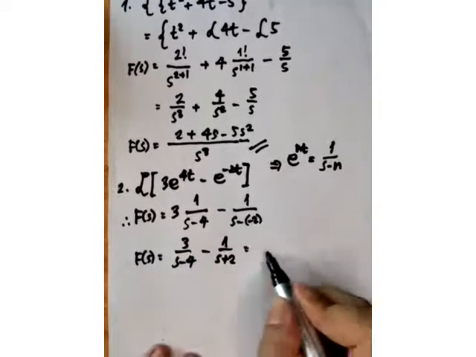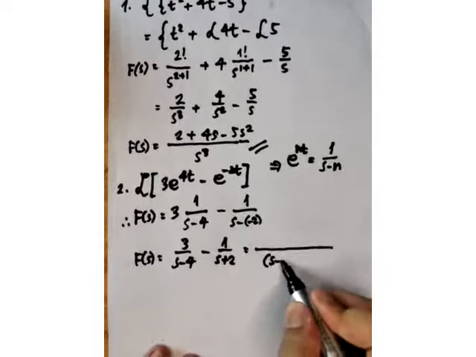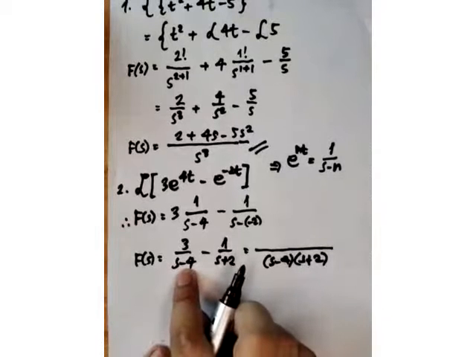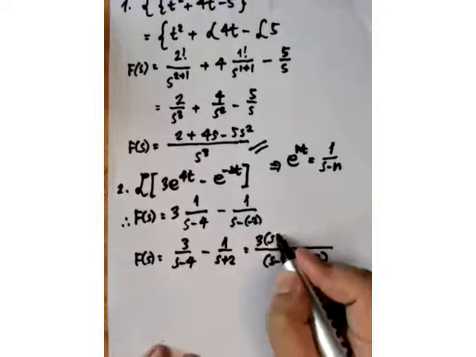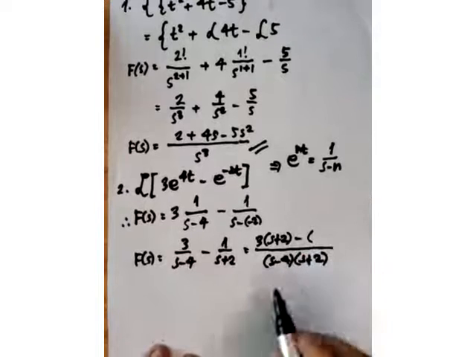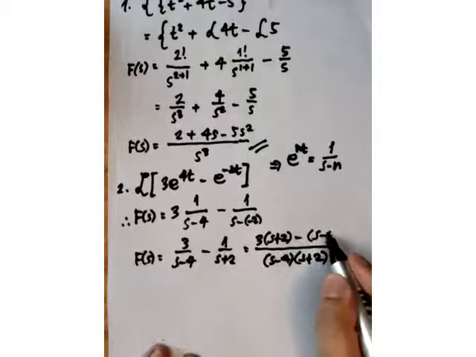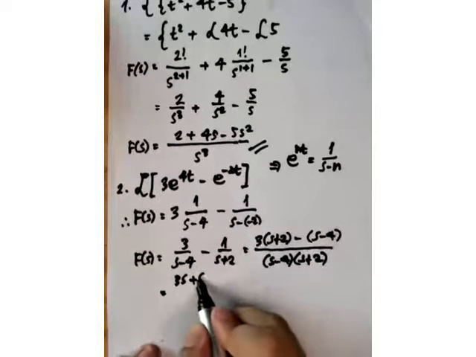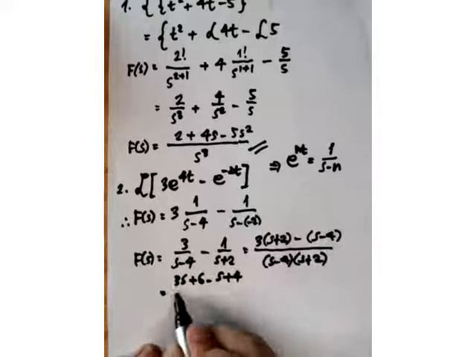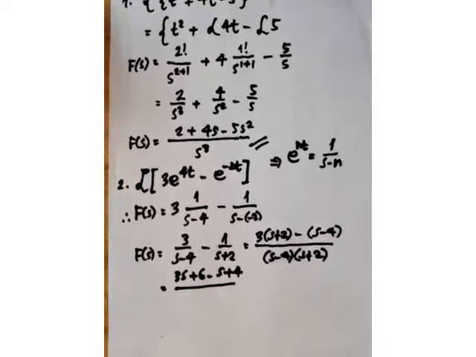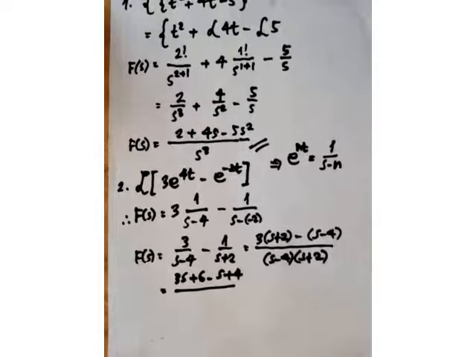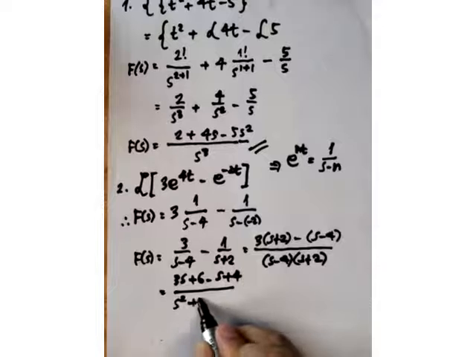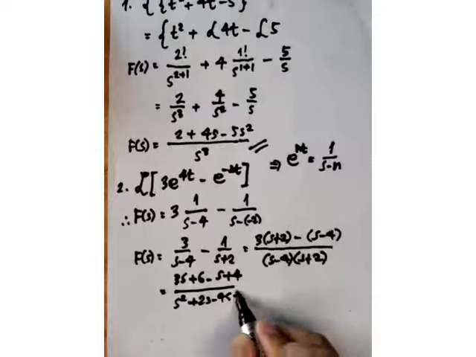Okay, so and then we just add them. So we'll have s minus 4 times s plus 2. So this divided by this, so that's s plus 2 times 3, so 3 times s plus 2, minus 1 times s minus 4. So that's equal to 3s plus 6 minus s plus 4 over s squared plus 2s minus 4s minus 8.